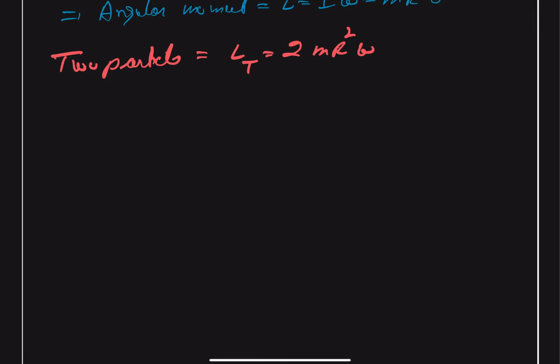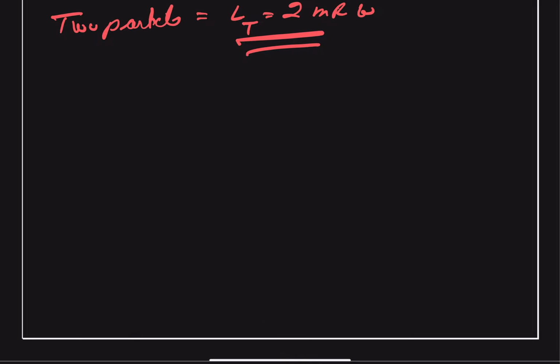So this is our angular momentum, and we just found out our magnetic moment. We have to find out the ratio.